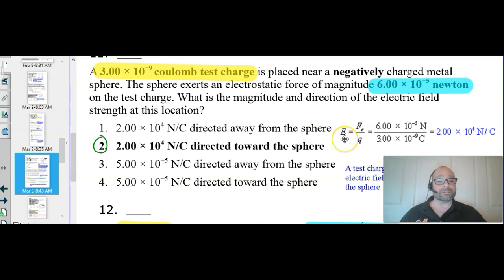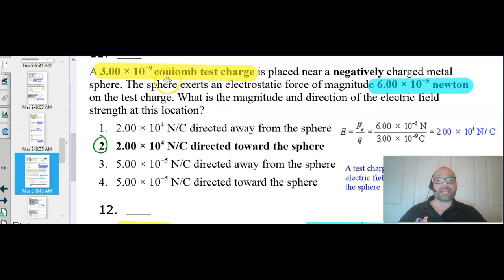So an electric field is measured in newtons per coulomb, force per unit charge. A gravitational field, gravity, would be newtons per kilogram, which still means acceleration. So this is one of the concepts I want you to always remember, that electric fields accelerate charges. Now, the choice is number 2, because the direction is towards the sphere. Why is it?